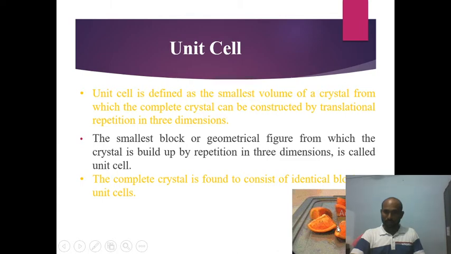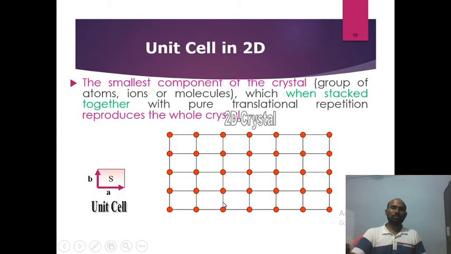Look here, this is a piece of lemon. One piece is called one unit cell. When we add all those pieces together, we get a complete lemon, which is one crystal structure.